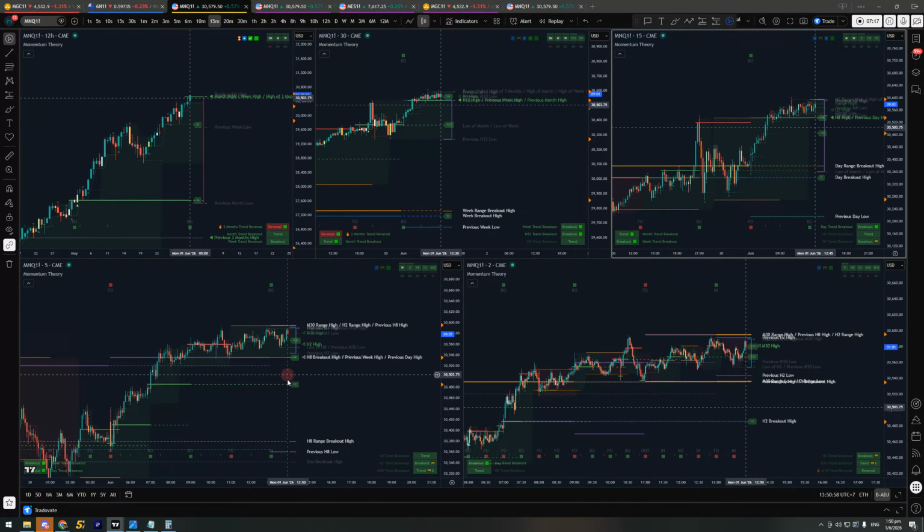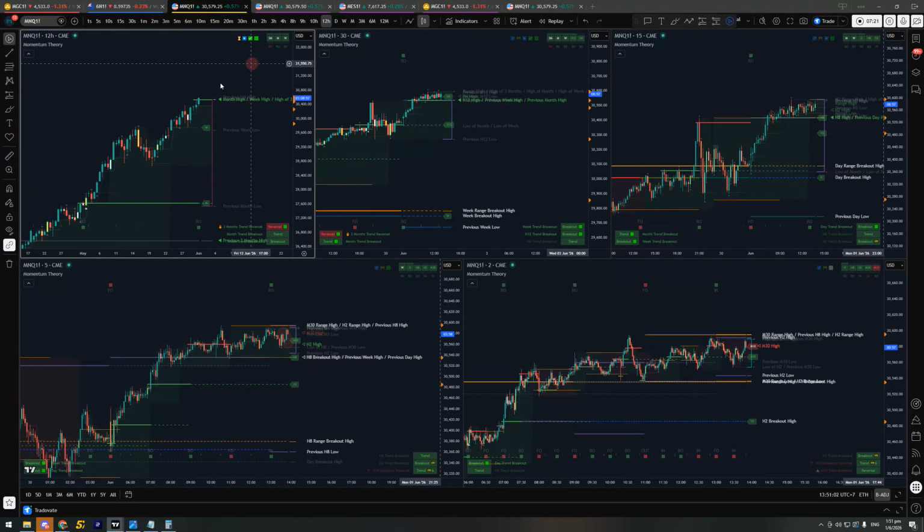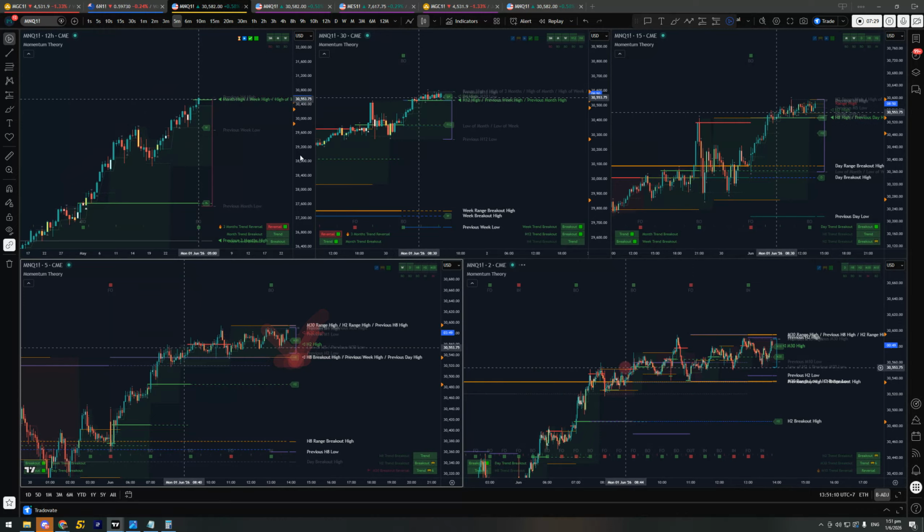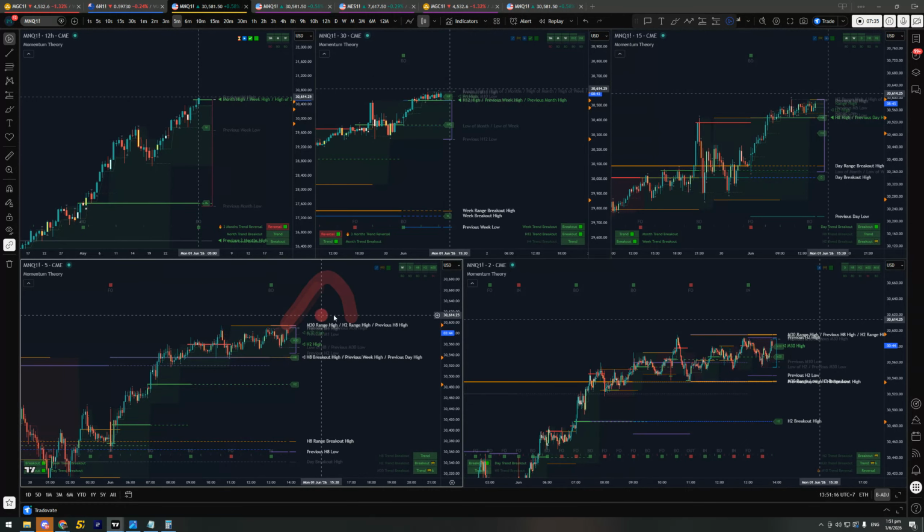And so two things I'm looking for. I would rather be buying. I don't like to sell when the market is so strong like this. So I would rather be seeing that pullback to continue trend retracement setup on this breakout bar. But if it doesn't pull back and it breaks out, then I'm either going to wait for the continuation or I'm going to be looking for that reversal.